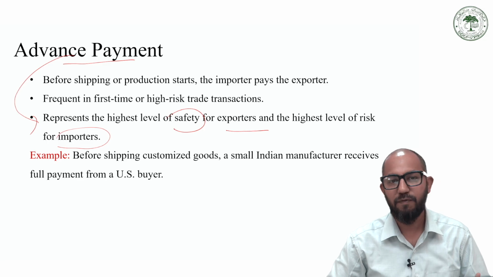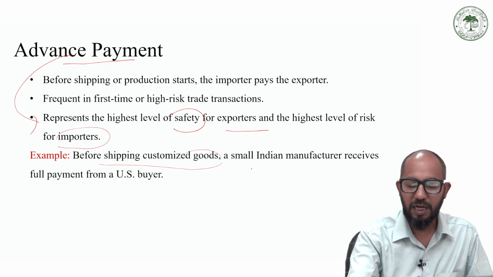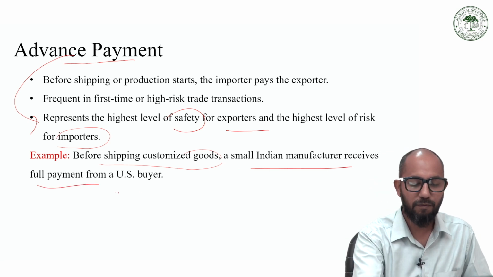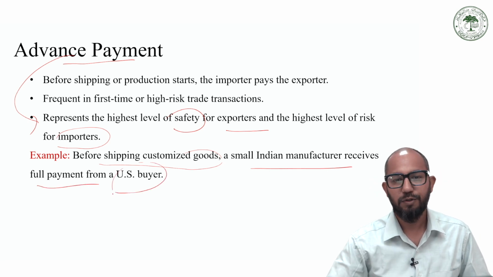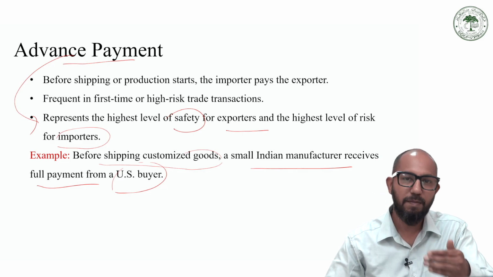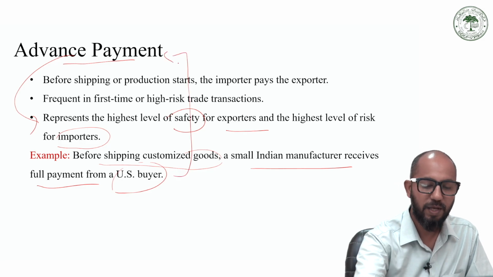An example of advance payment is before shipping customized goods, a small Indian manufacturer receives full payment from a US buyer. So the goods have not been shipped, but the payment has been received in advance. So this is advance payment.